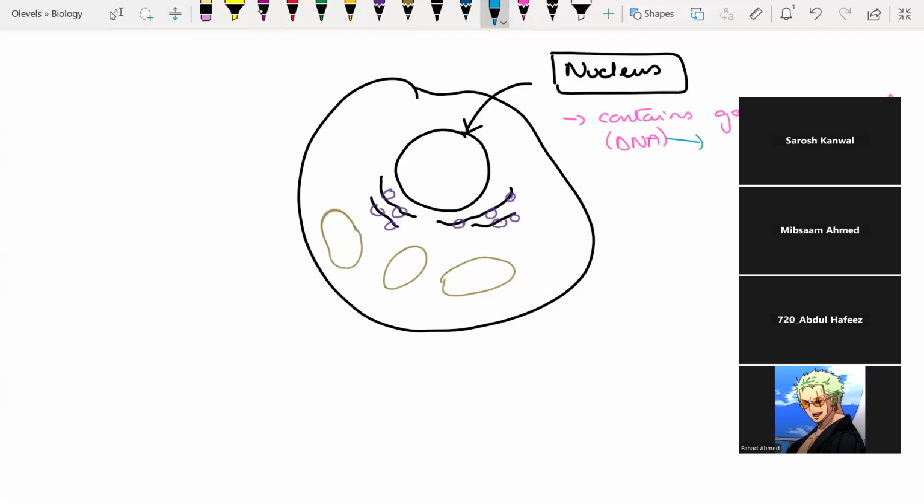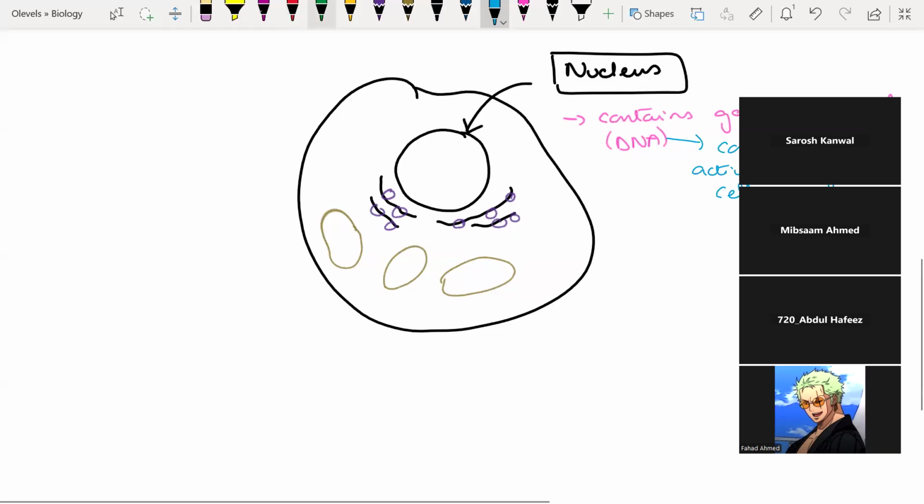And this DNA is going to control the activities of the cell, right? Are you clear with the function of the nucleus?